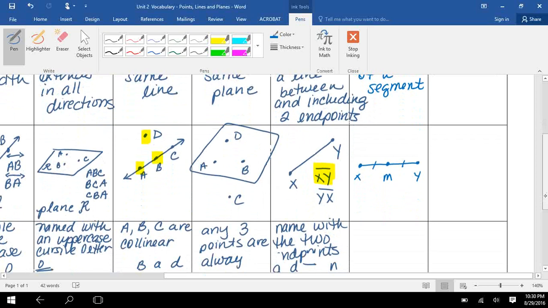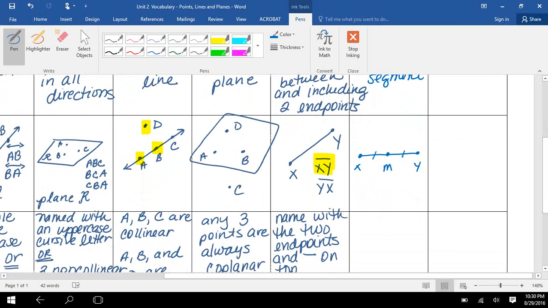To be in the middle, that means that the distance from X to M has to be the same as the distance from M to Y. Because if M was closer to one side than the other, then it's not going to be in the middle. So if M is the midpoint, there's a couple of things we know.